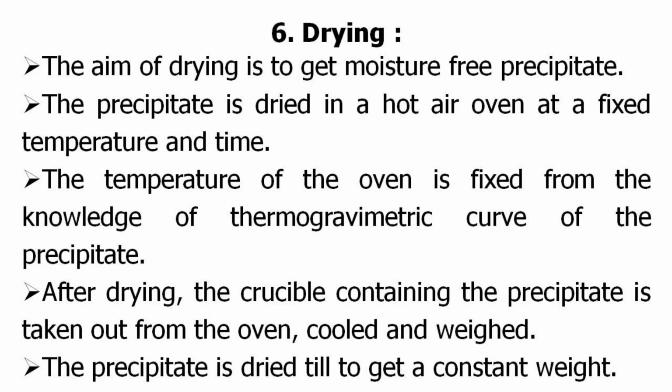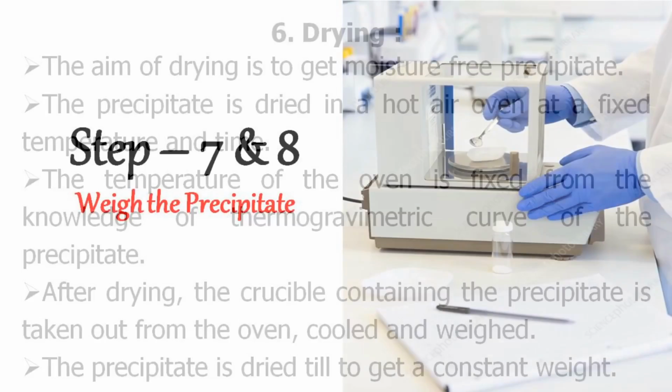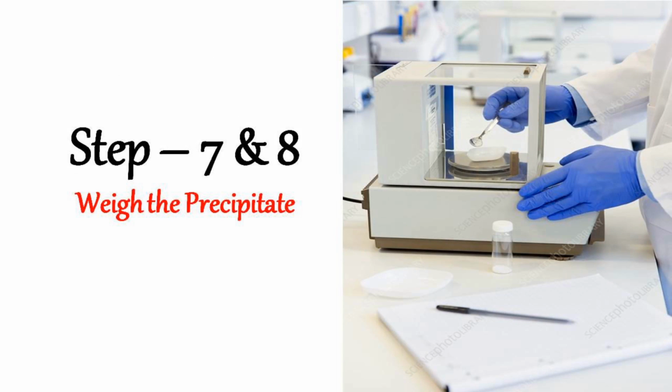In the case of estimation of lead as lead chromate, the crucible is dried in an air oven kept at 120 degrees centigrade for 2 hours. In step number 7 and step number 8, after cooling the precipitate along with the crucible, we have to take the weight of the precipitate along with the crucible.